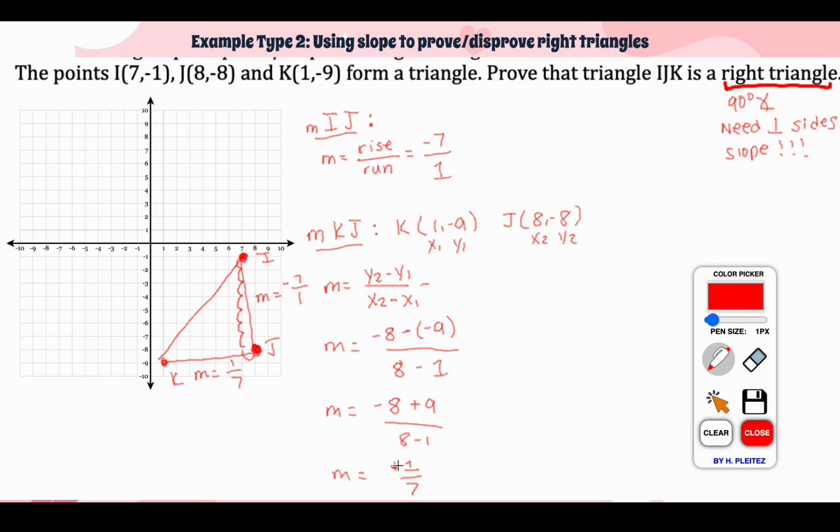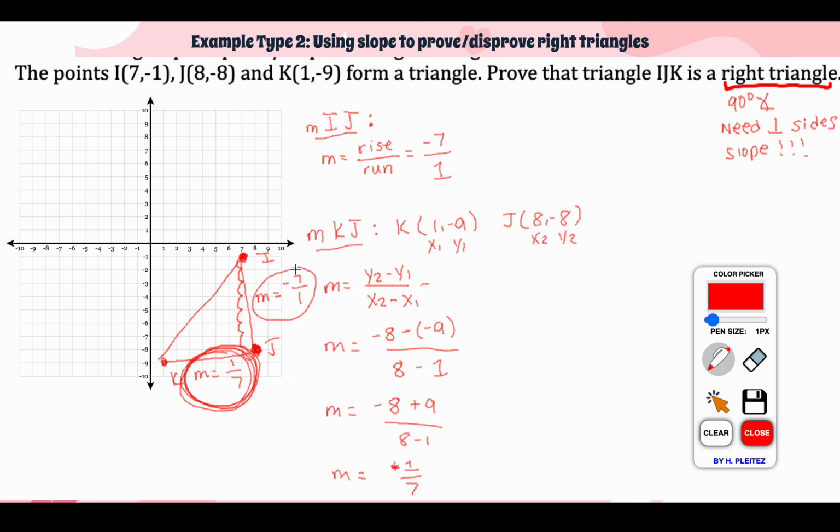Okay. So when you compare those two slopes, you're asking yourself, are they negative reciprocals of one another? And remember, for negative reciprocal, let's start with this one. What is the negative reciprocal of 1 over 7? Well, you have to flip that fraction, so it would be 7 over 1, and then you need to change the sign. So it would be -7 over 1.